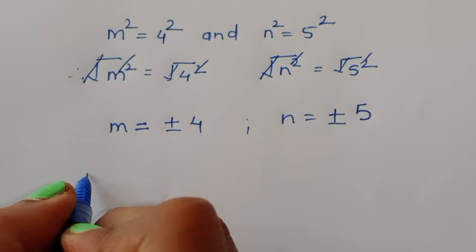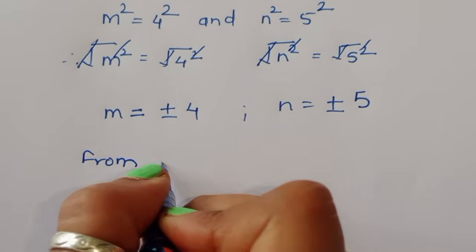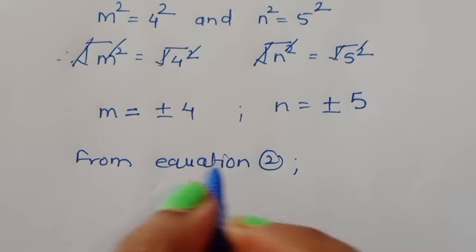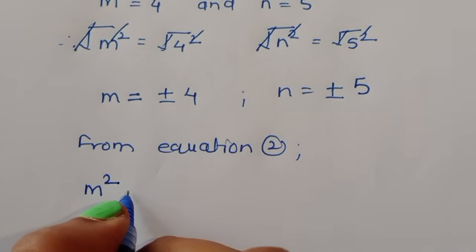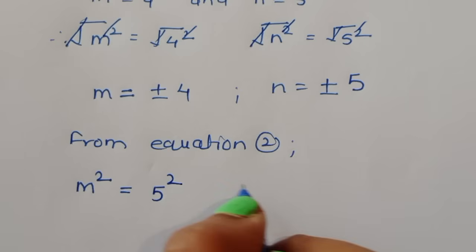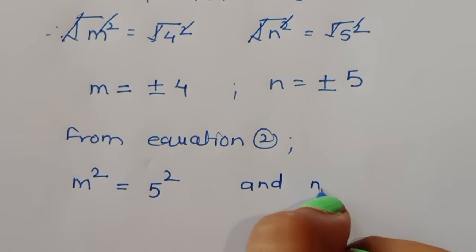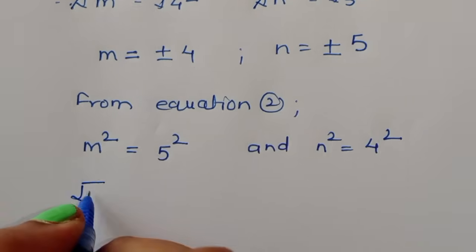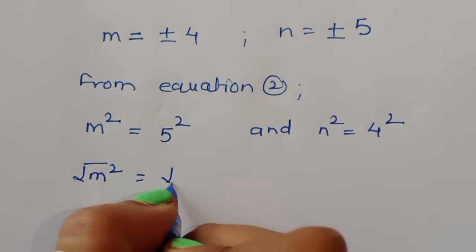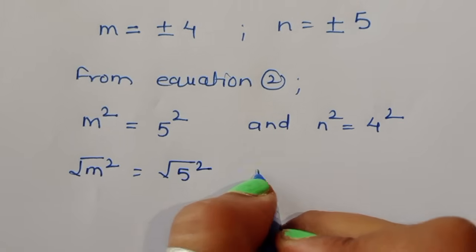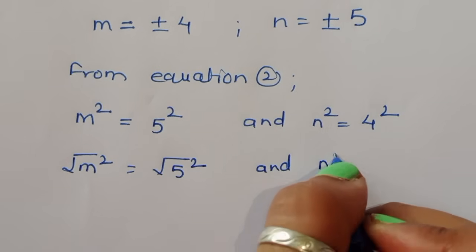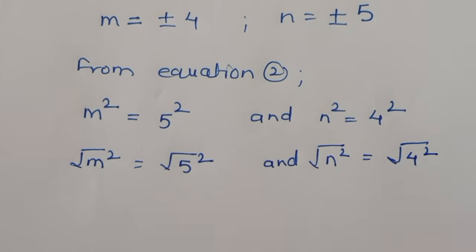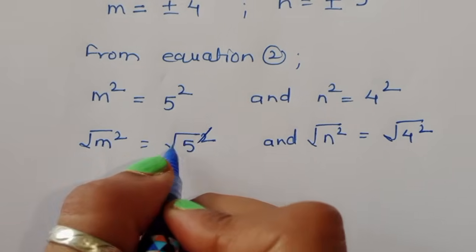Now from equation 2, in the same way, if m square is equal to 5 square and n square is equal to 4 square, we take the square root on both sides, and the square is cancelled from the square root.